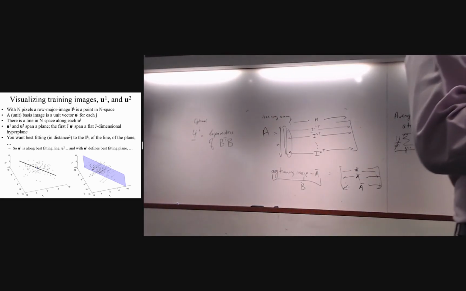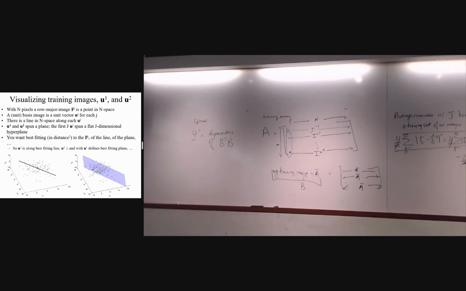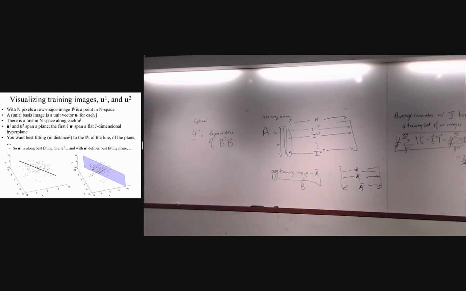So each training image itself has its own set of basis images? Nope. No, there's going to be one. The idea is to get an error that's minimized, averaged over the whole set of training images. So there's one set that's best for the set of training images, not for an individual one of the training images. Our training image is an image on itself, though, right? Yes, that's right. You're going to have some error for the first training image if you only use capital J bases.